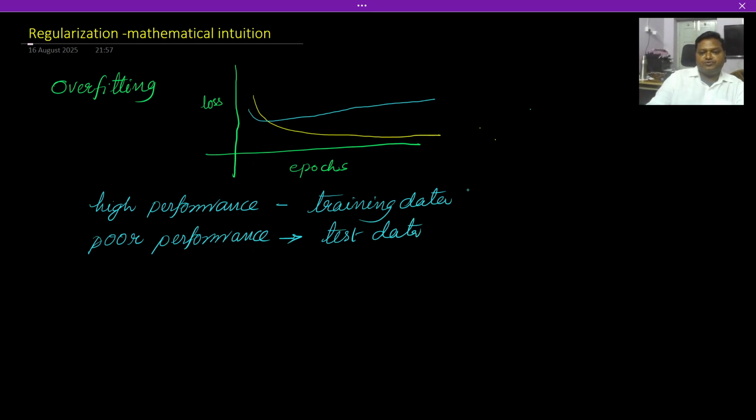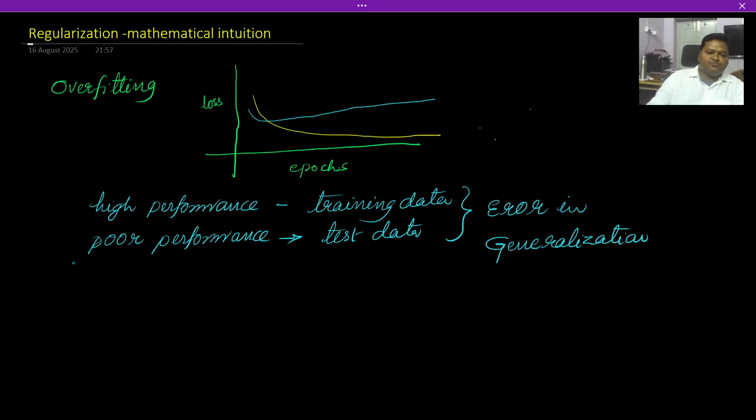That means this is an error in generalization. Our model is unable to perform well when it is tested for generalization.